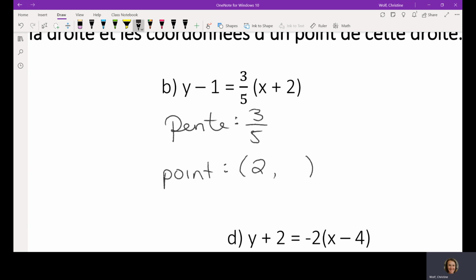Two? You said the number in the bracket, so deux. Okay, and then quel sera l'autre? Andrea? And then we switch the symbols, right? All right.